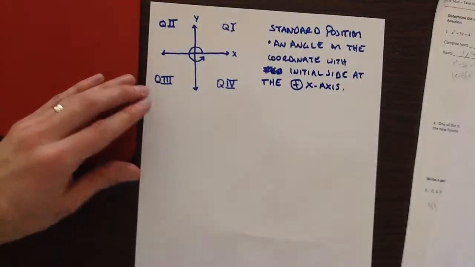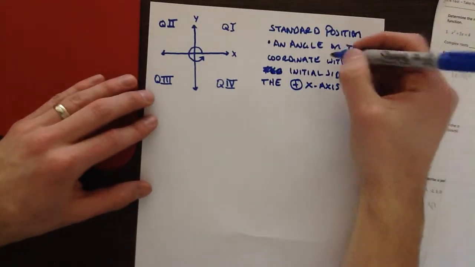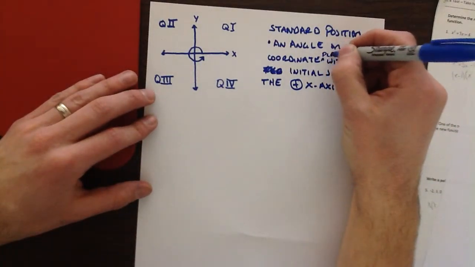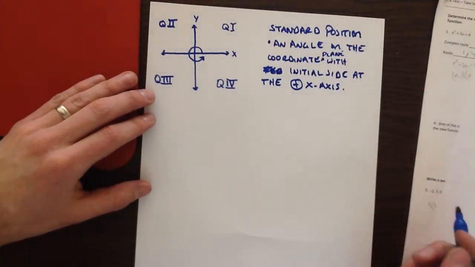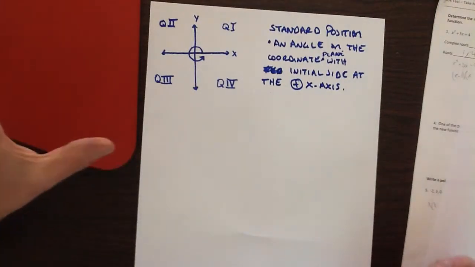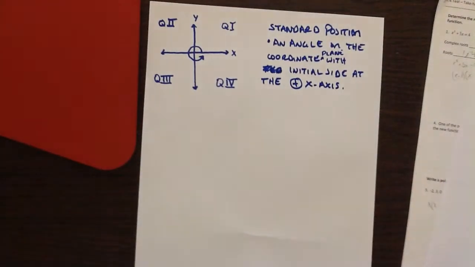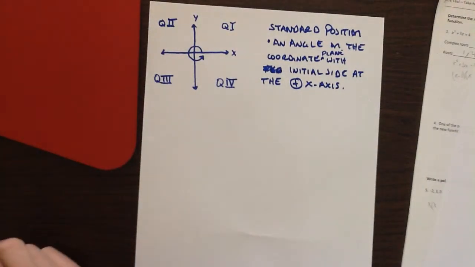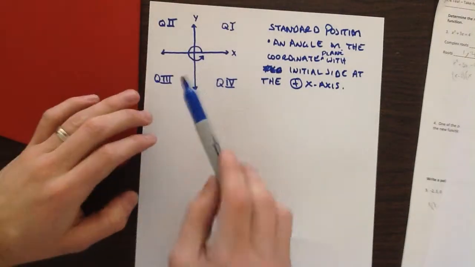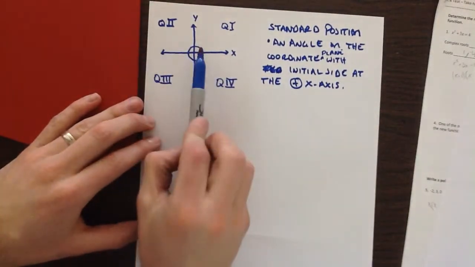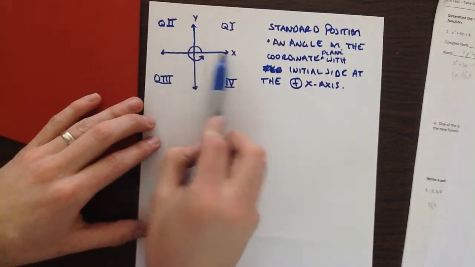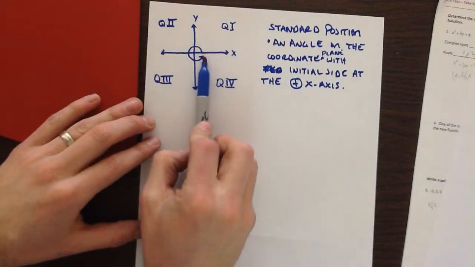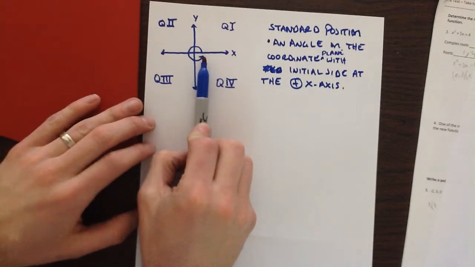You can read that. An angle on the coordinate plane with initial side on the positive x-axis. So this is typically how we're going to look at it, and when we start talking analytical trigonometry, graphing this so that we can see everything on a plane. Here, start on the positive x-axis, we rotate all the way around, we would have 360 degrees.